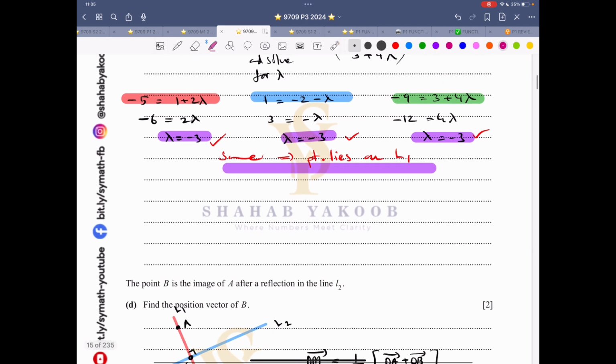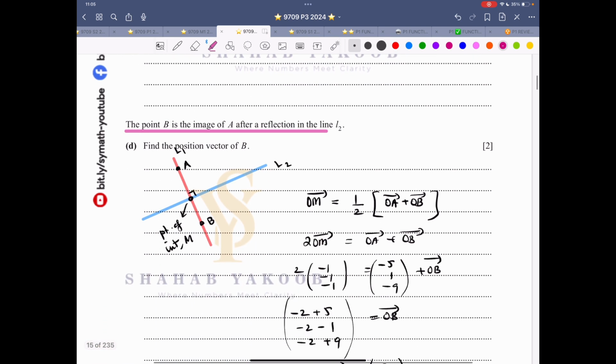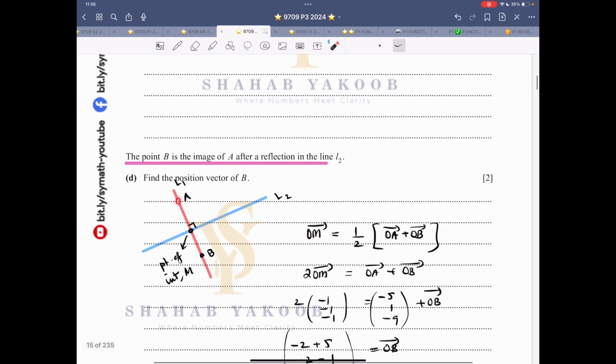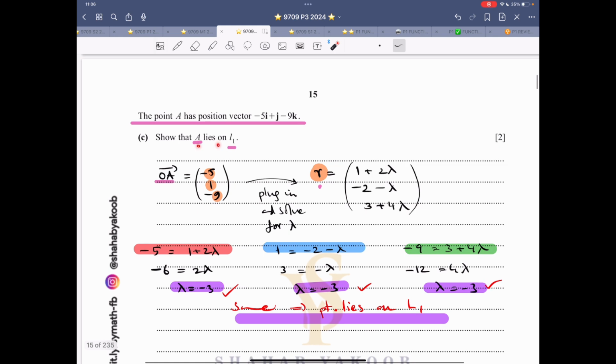Now the fourth one is my favorite. That is, the point B is the image of A after a reflection in the line L1. Now you have to draw a diagram. Line L1 and line L2 are perpendicular. That was stated earlier. This is the point of intersection. Let me call it M, which is -1, -1, -1. This is A over here. It says that A lies on L1.